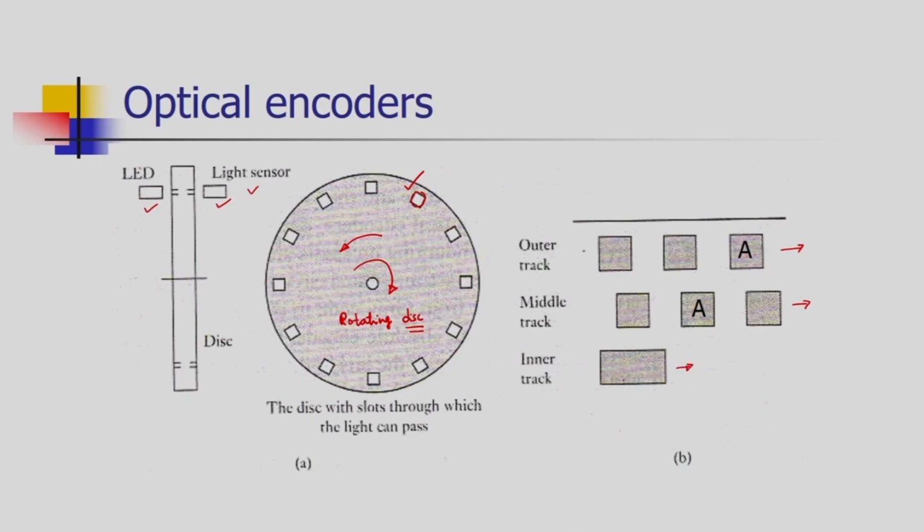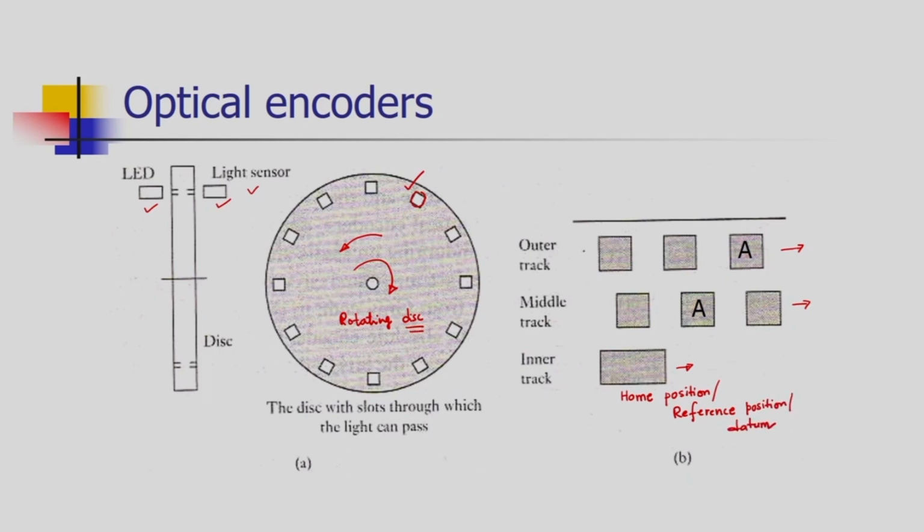The inner track has a hole, and that hole is used to decide the home position or reference position, or we can consider this as datum.